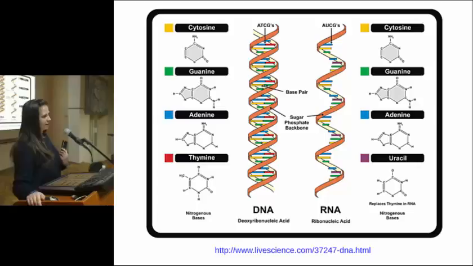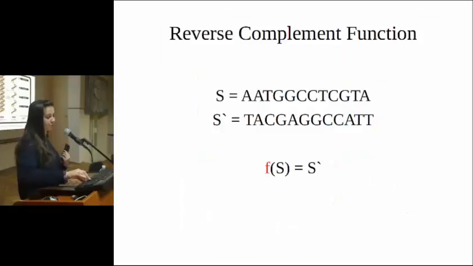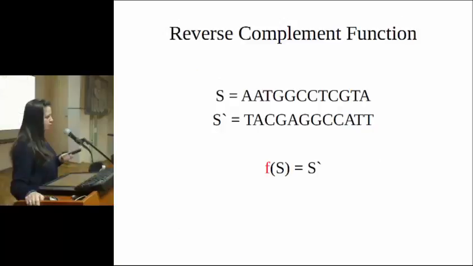Given the string S, I want to obtain a new string S dashed, which would be the reverse of the first string and complementary to it. I want to implement a function which takes this string S as input and gives us an output. And if you take a piece of paper and a pen, it's probably really straightforward.